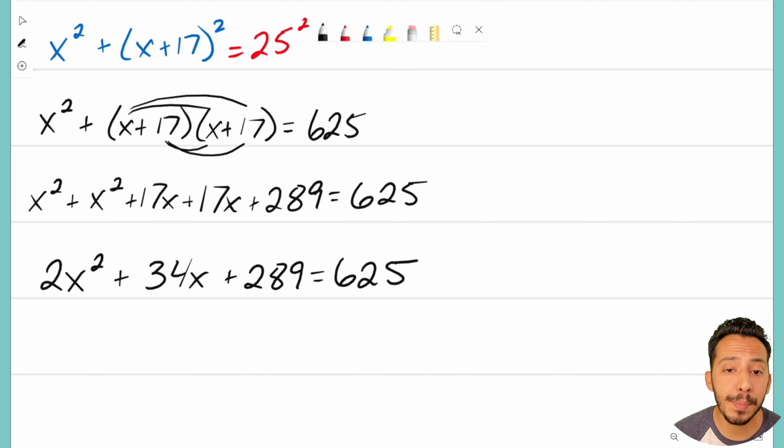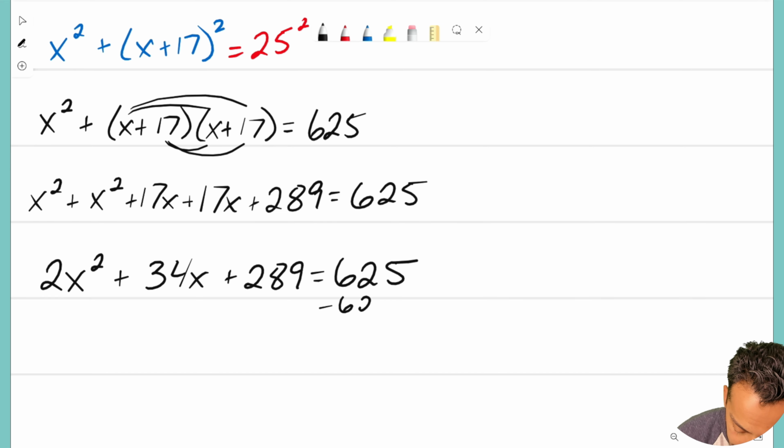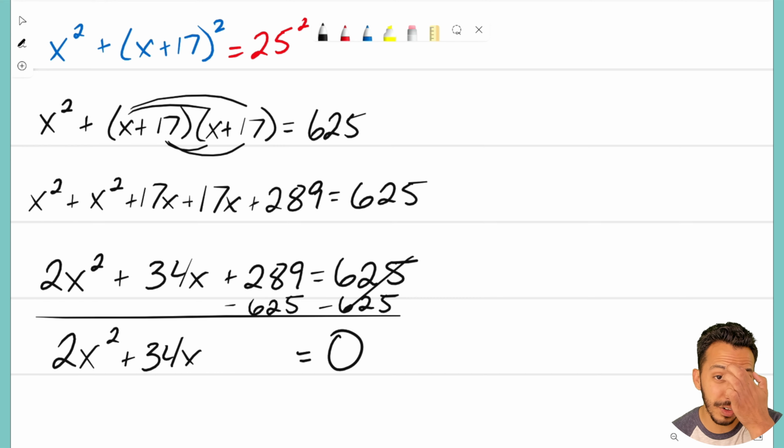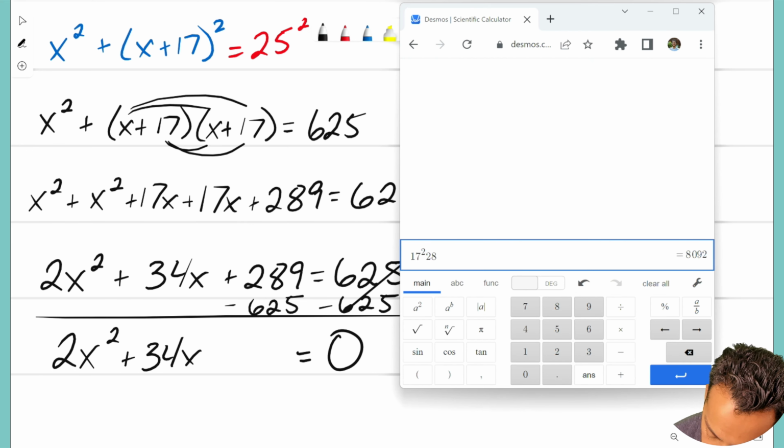Okay, now our next step is we want to have this equal to 0. Equal to 0, it's the only way that we can solve quadratics. So let's put this equal to 0 by subtracting 625 on both sides. If I do that, my right side is now equal to 0. I still have 2x squared plus 34x. Now I've got to figure out what is 289 minus 625.